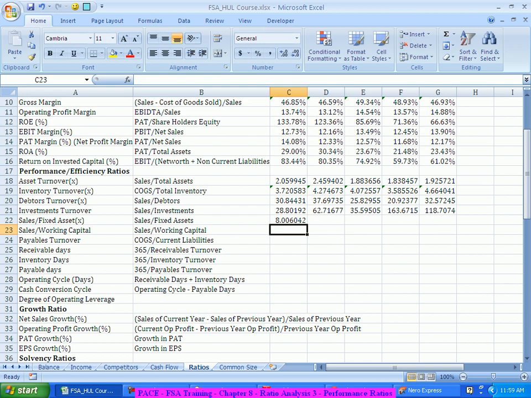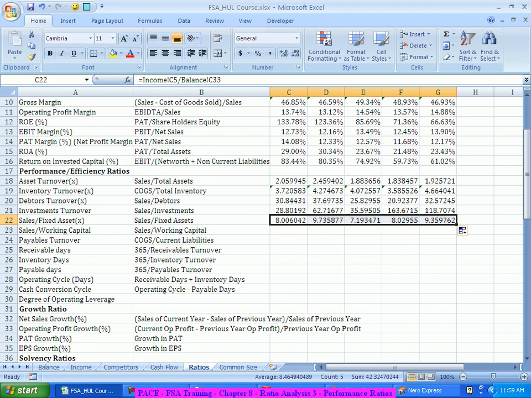So for every 1 rupee of investment in the fixed asset, which is like your plant, property, equipment, buildings, vehicles, they are generating 8 rupees of sales, or they are generating 9.35 rupees of sale.